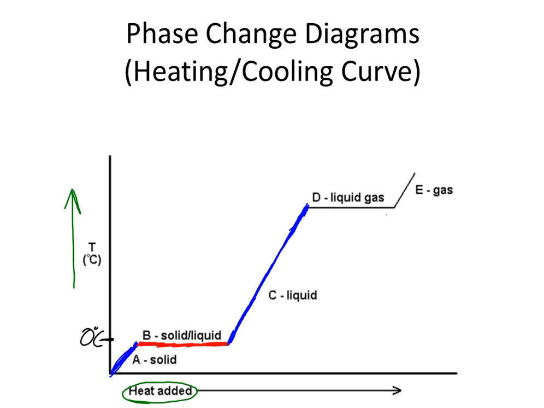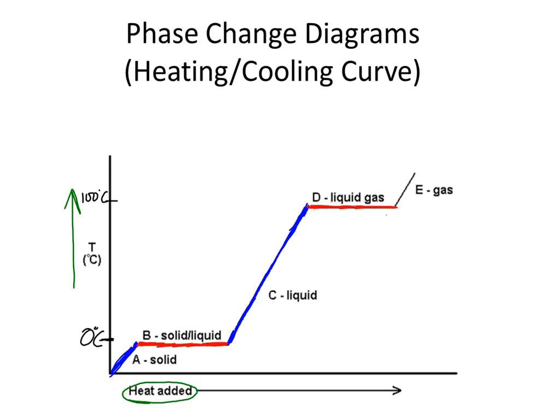Next step is this point right here where I have a liquid and a gas. The state of matter is both liquid and gas at this stage. If this is water, which is the model we're using, that's 100 degrees Celsius because that's the boiling point slash condensation point of water.